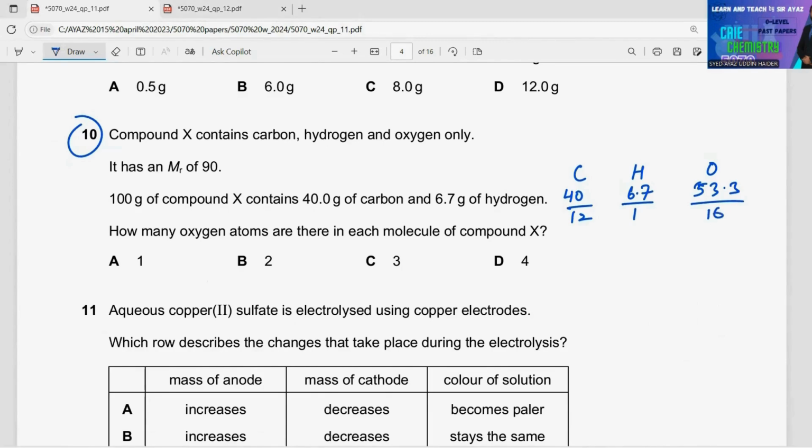So for carbon, 40 divided by 12 gives 3.333. For hydrogen, it will be 6.7. What about oxygen? 53.3 divided by 16 gives 3.331.